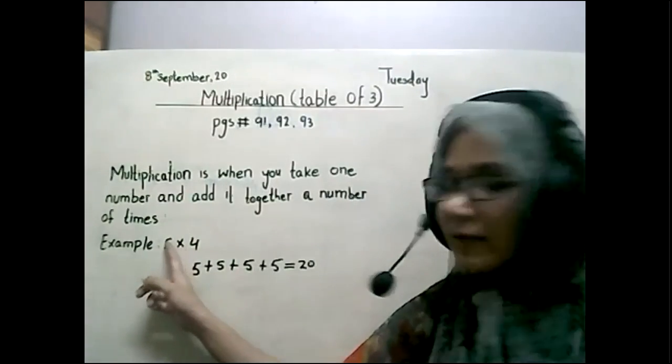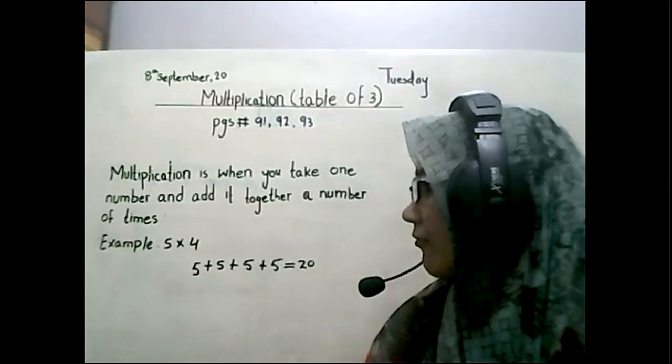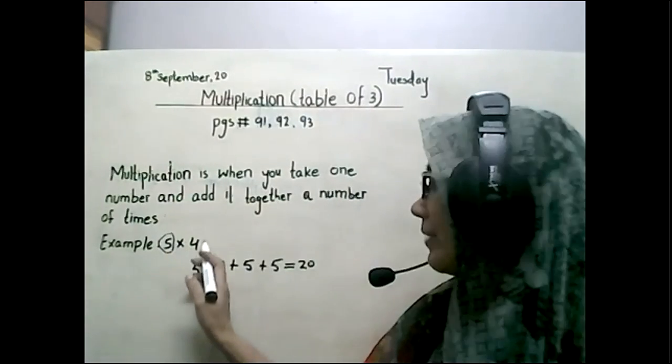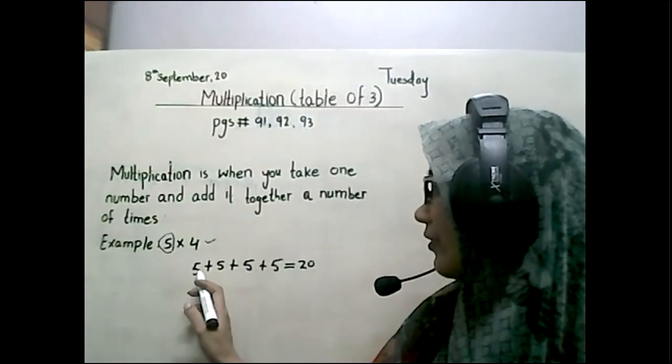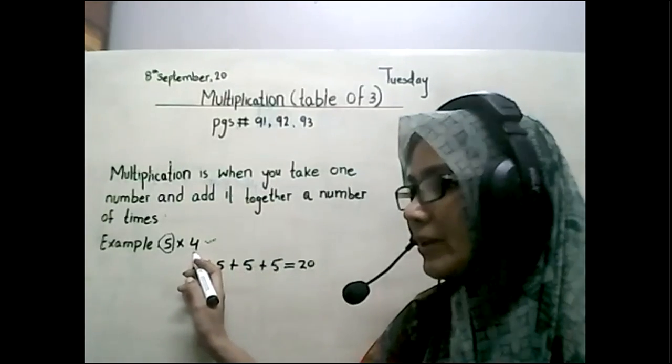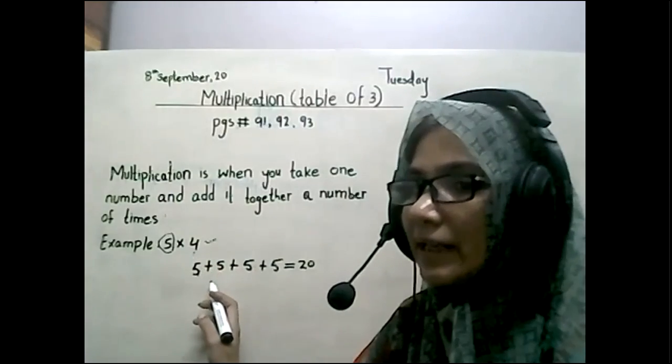So over here we have 5, and we will add how many times? 5 plus 5 plus 5 plus 5, 4 times, right? So it will be easier.